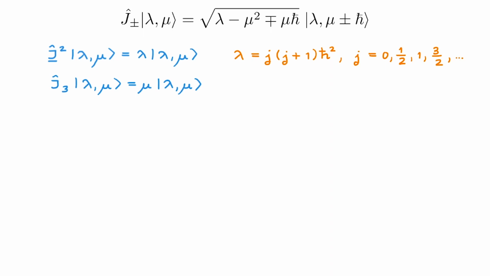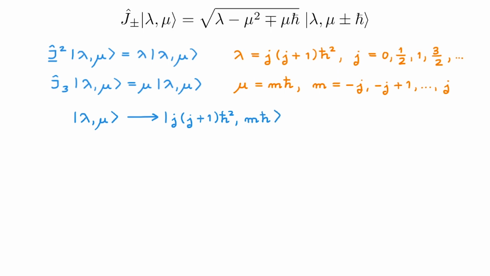And so once we have determined j, then the values of μ are also fixed and can be written as mħ, where m can only take one of the values minus j, minus j plus 1, all the way to j in steps of 1. Knowing that the eigenvalues always have this form, then we could update the eigenstates from |λ, μ⟩ to these new labels.